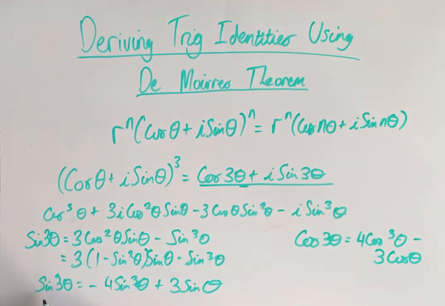And there you have an identity for sine of 3 theta and cos of 3 theta in terms of decreasing powers of sine theta.